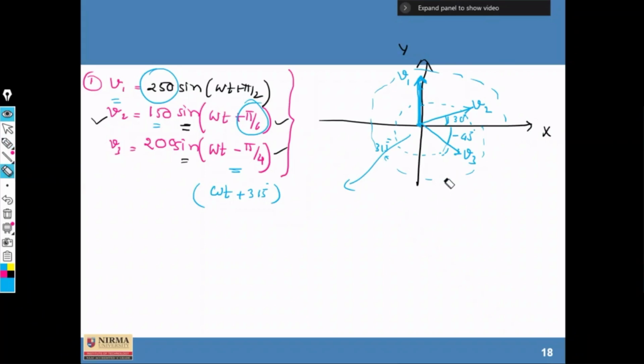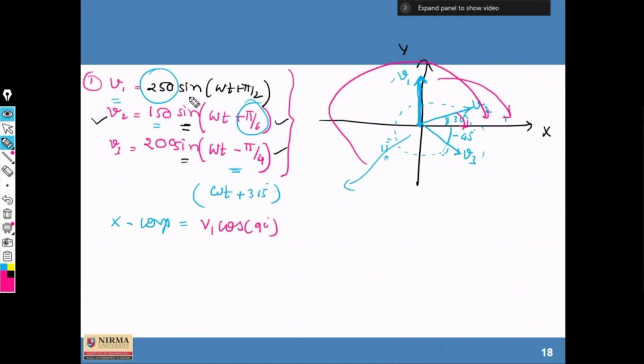Now we are going to find the x component and then the y component. X component is equal to, first of all, we will write in terms of V1. We are just resolving all these components onto the x-axis. This will be an angle 90 degree, so we can write V1 cos 90 degree, and V1 is 250.